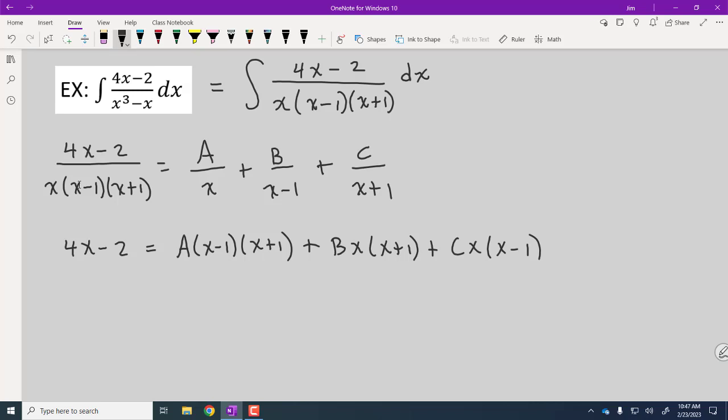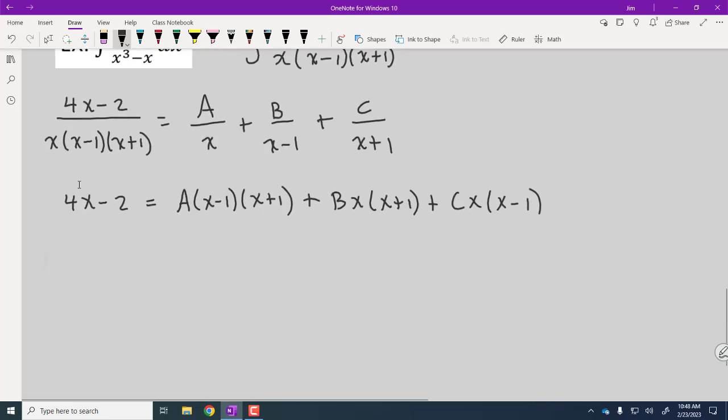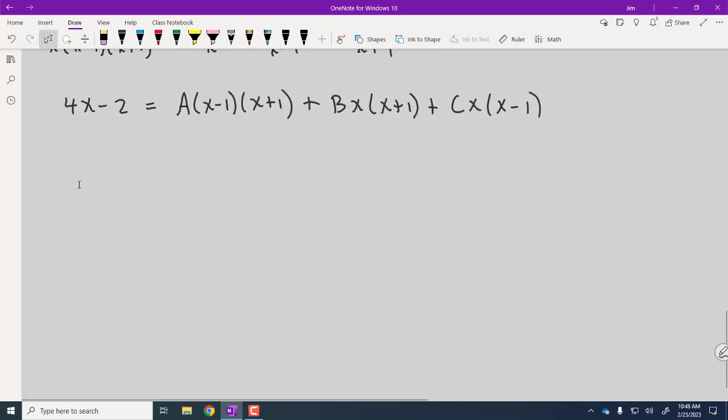So now, if we were going to do the traditional method, we would have to expand this whole side, FOIL there, distribute here, distribute there. But because these are linear, the convenient value method is going to apply.